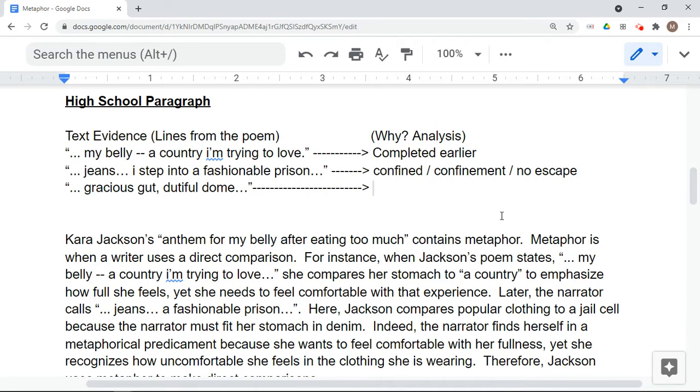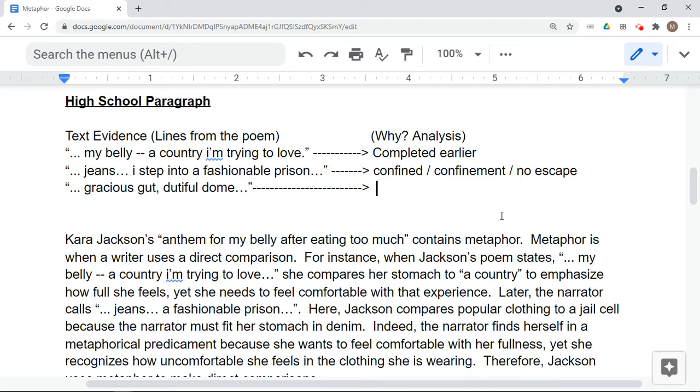And then we end with this idea of gracious gut, dutiful dome. So here, why compare her gut to a dutiful dome? Or her stomach, her belly rather. So my belly, why compare it to a gracious gut, a dutiful dome? It's almost, again, this idea of duty.